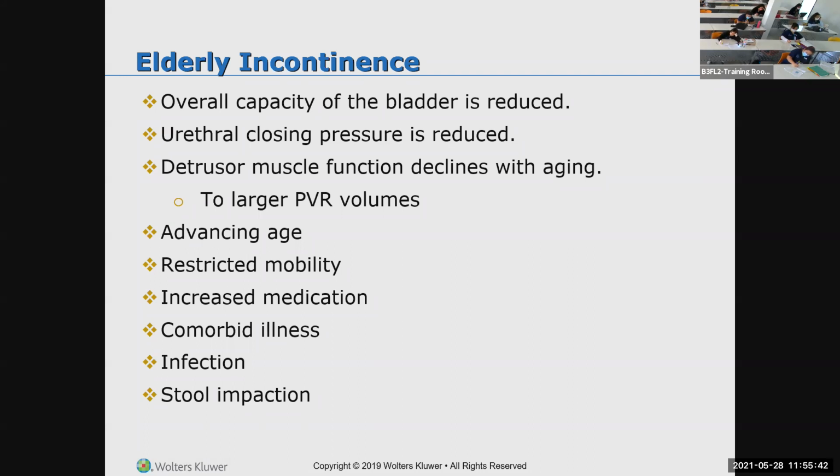Detrusor muscle function declines with age. Advanced age, restricted mobility, increased medication, sometimes sedative medication, also comorbid illnesses, infections, and stool impaction, that is constipation.